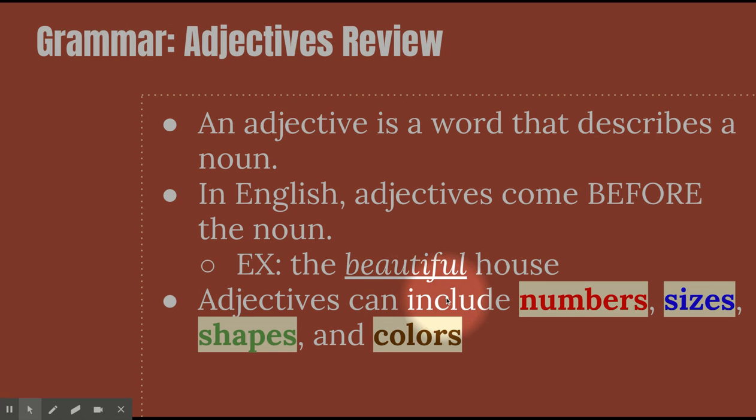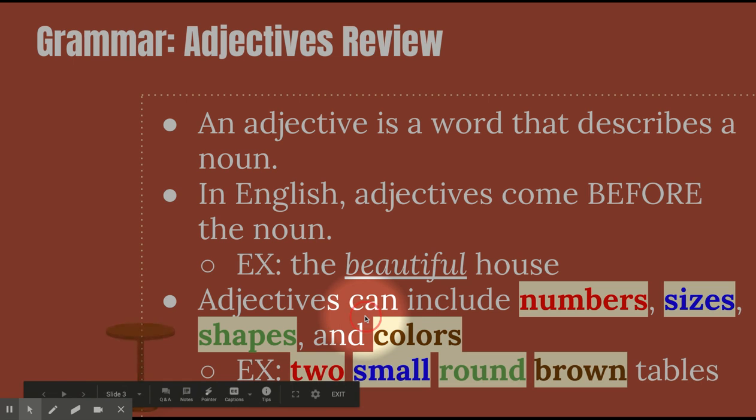Adjectives can include numbers, sizes, shapes, and colors. For example, here we have two, small, round, circle is round, brown tables. So the noun is tables.